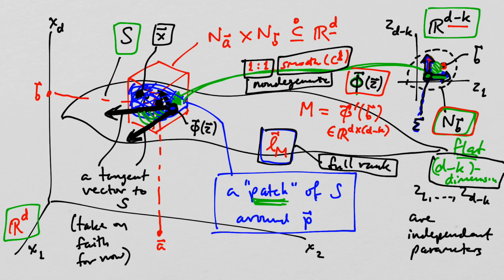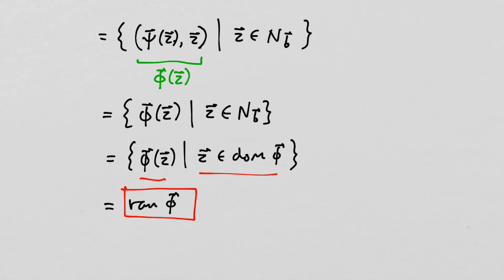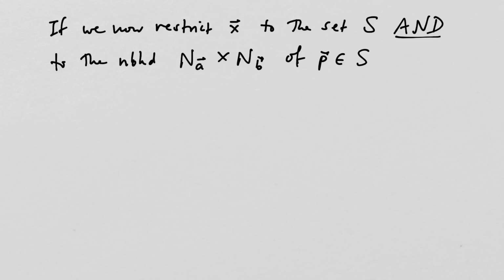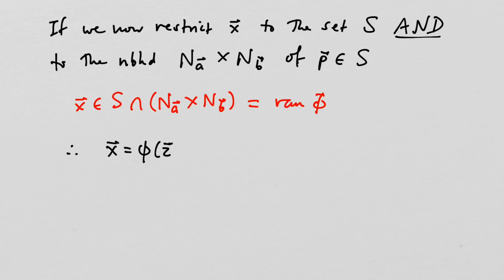So it's on the set S, but it's also within this neighborhood. The intersection of those two is that patch, the blue patch. So if we now restrict x to that patch, that means that x is in this intersection. In other words, it's in the range of phi. So we can write x in the form phi of z for some z in this domain.